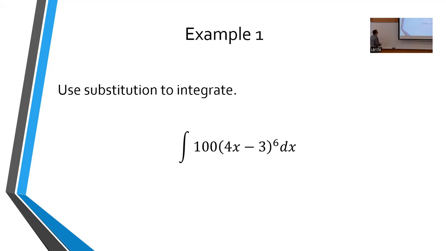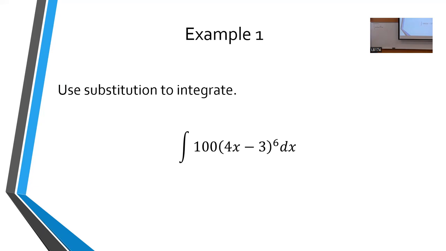So let's do an example. Let's say I want to use substitution to find the antiderivative, the general antiderivative, of 100 times 4x minus 3 raised to the 6th power, integrated.